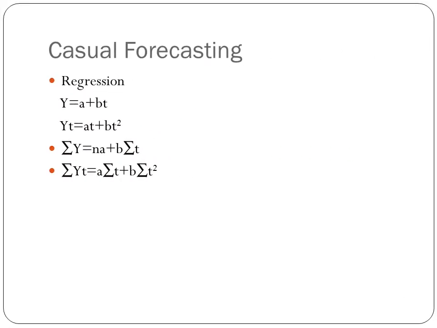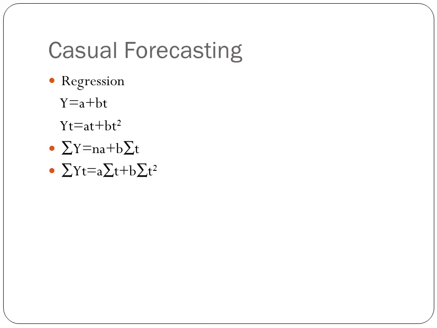Causal forecasting, regression. What is regression? We put a constant value and some other value varies with respect to time or with respect to some other thing. This is known as regression. This is not very important from the perspective of GATE, but you can generally see the formulas. What are the formulas of regression?